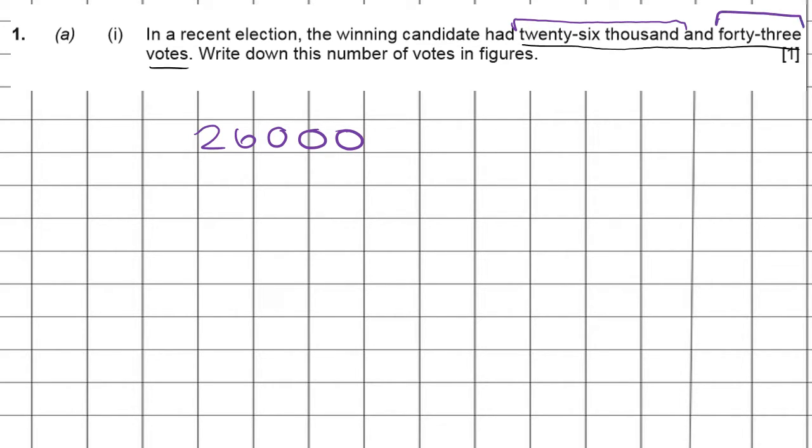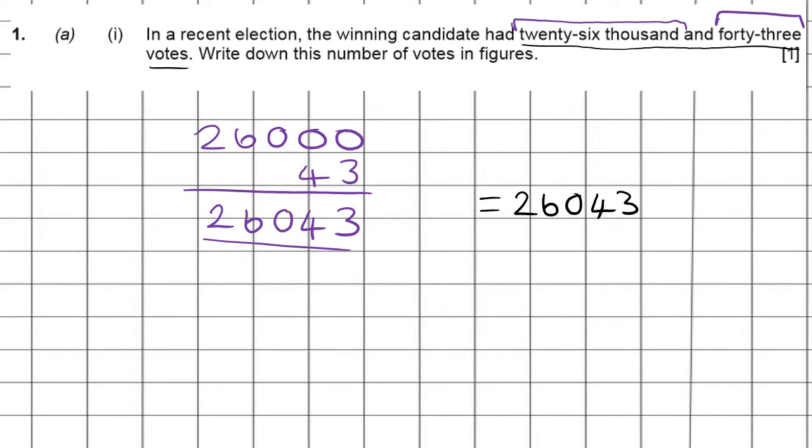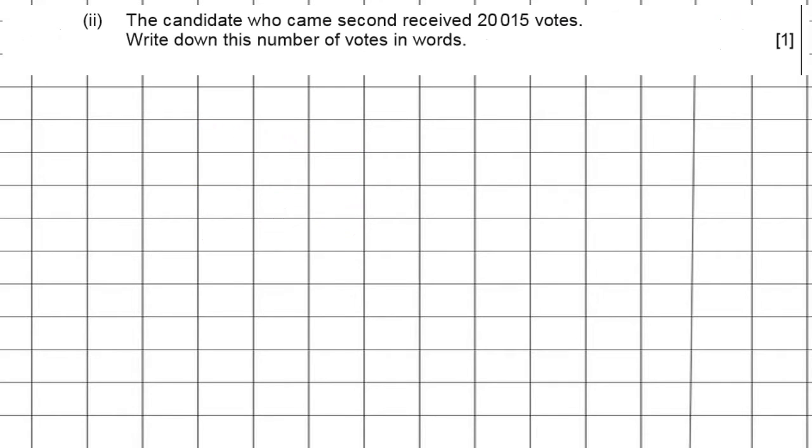And 43 is 43. Put them together and we have 26,043. So the answer is 26,043.